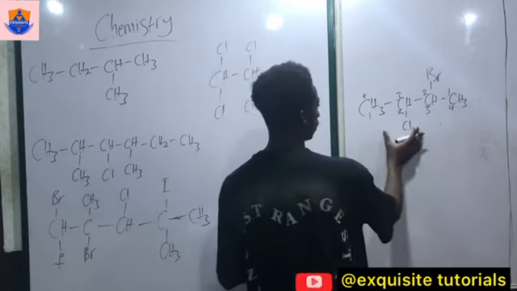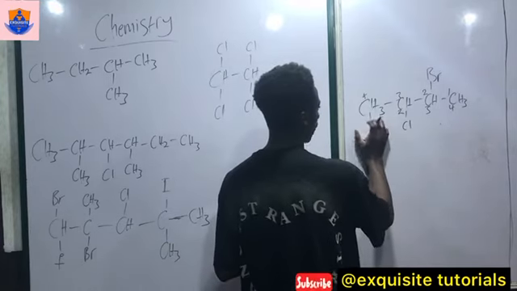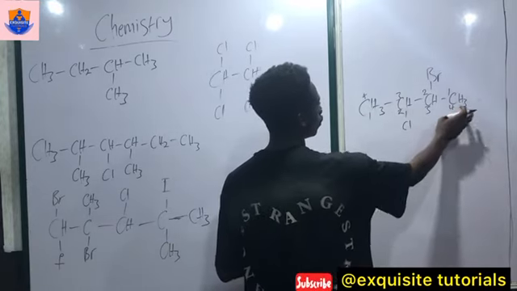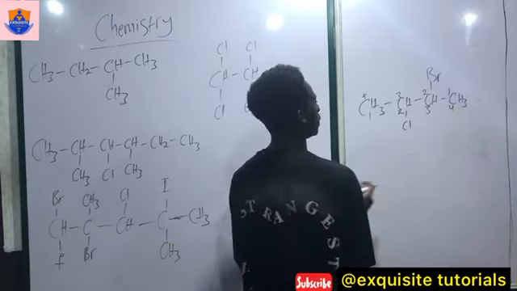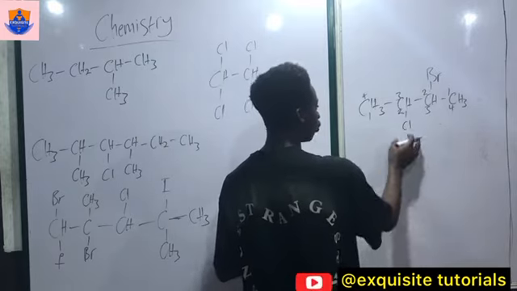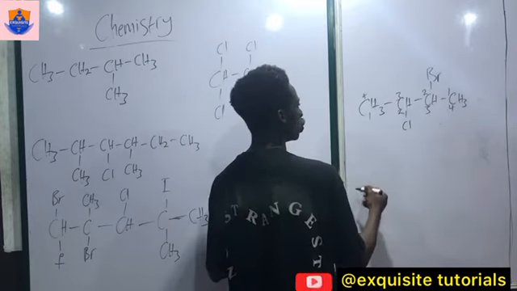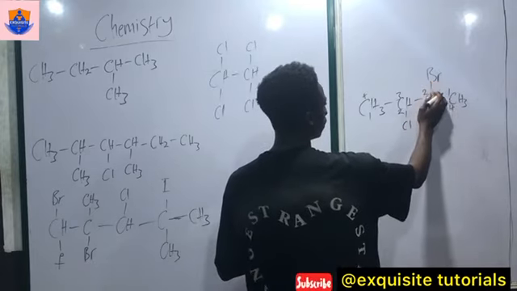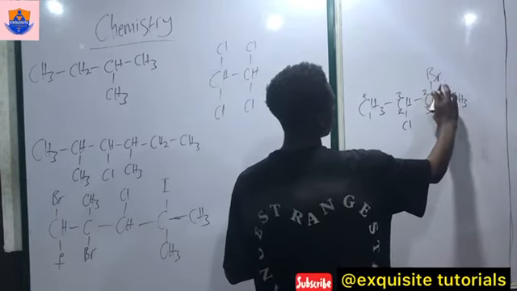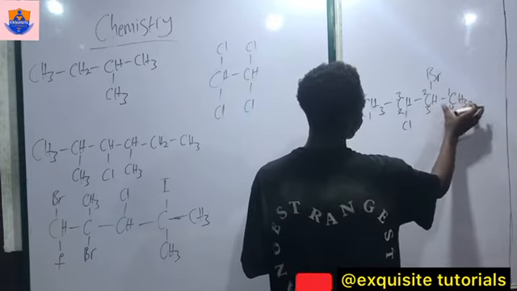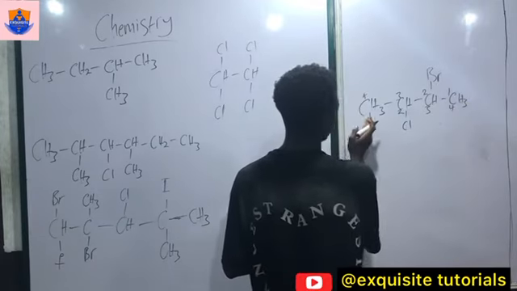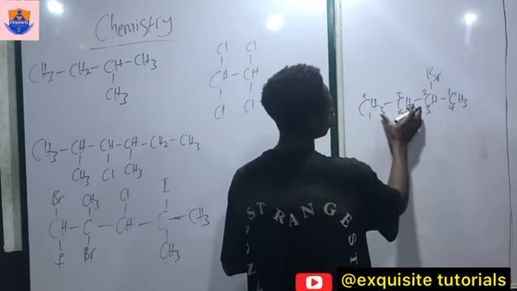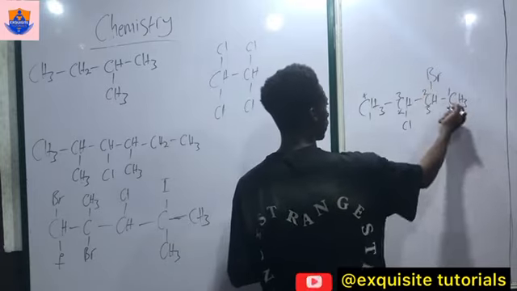We have chlorine, which is 1 carbon to this carbon. But you don't just follow that step, you note the branches. This is bromine, which has the least alphabet, B. This is chlorine, which has C. So we're naming like this because the carbon holding the bromine is closer to this side. We have just 1 carbon to this, and if we come from this side, we have 2 carbons to this. So we're naming like this, not like this.